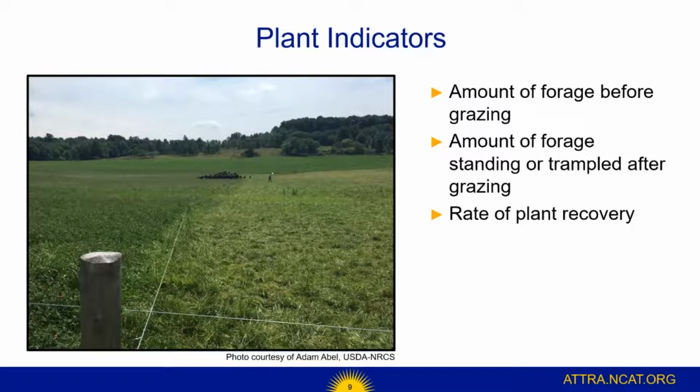And then we're also going to be looking at the rate of plant recovery. We're looking at a lot of different things, and I'm just hitting the highlights here. But these are all things that we're monitoring for, to know what we need to do next, if we need to stay on our current trajectory, or if we need to modify one or more of those 4 dimensions as we're going along. Next slide, please.